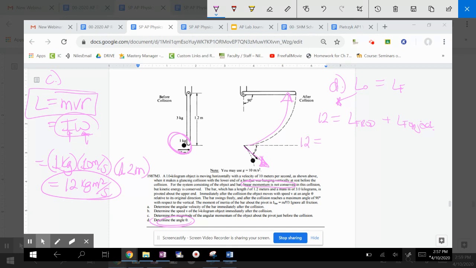Okay. So for this, I'm going to use I omega. The I I solved for, and I lost it. It was 3 times 1. Oh, it's 1.44. Okay. So the I of the rod is 1.44. The omega of the rod was 4.95. Okay. And then the angular momentum of the object after, well, that's the MVR equation.